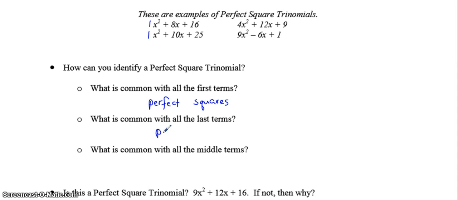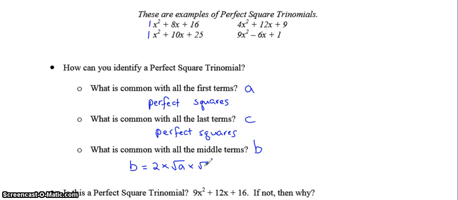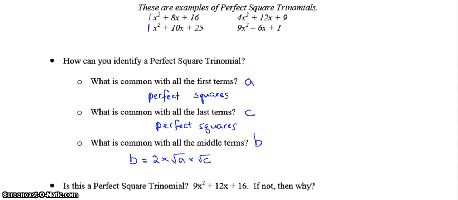They're all perfect squares again. So again, this is a, and the last term is c, and the middle term is b, and what's common is that b is equal to 2 times the square root of a times the square root of c. So that's what makes a perfect square trinomial.